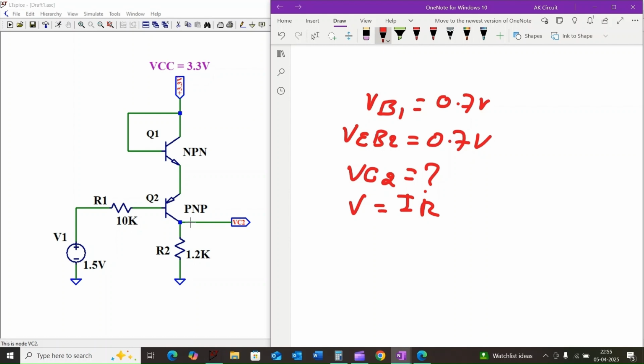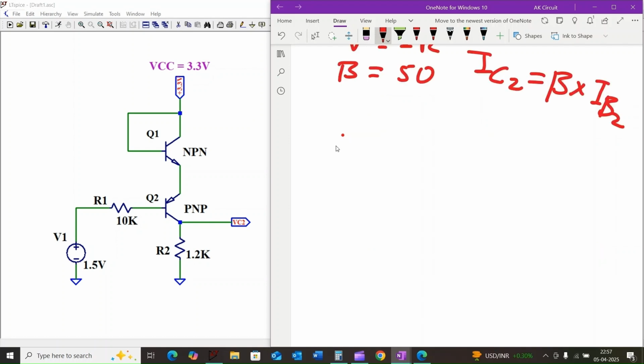Well, for a transistor, the collector current is related to the base current IB2 by the transistor current gain beta. In this case, we were given beta equal to 50, so IC2 is equal to beta times IB2. Okay, so now our focus shifts to finding the current IB2.